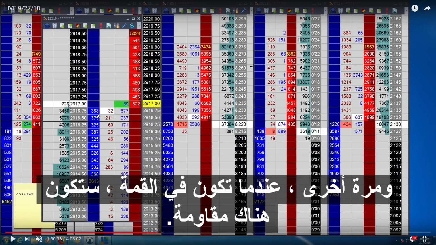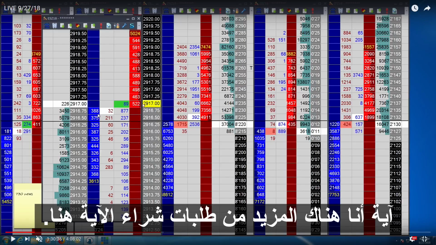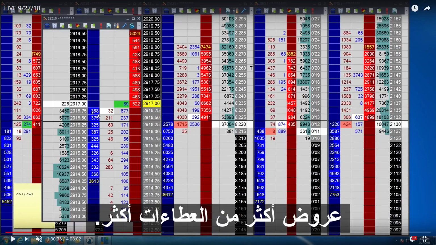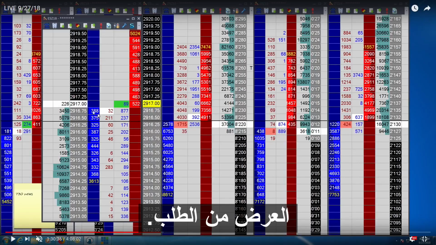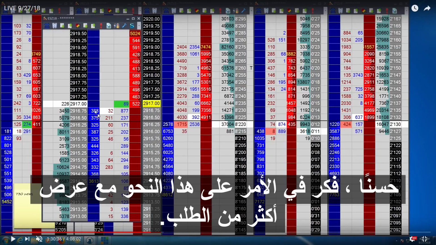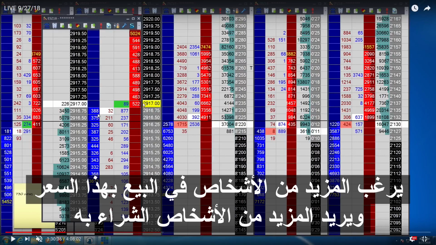When you're at a high, there's going to be resistance. The way you can tell is there are more asks versus bids over here. More offers than bids, more supply than demand. More people want to sell at this price than want to buy at this price.